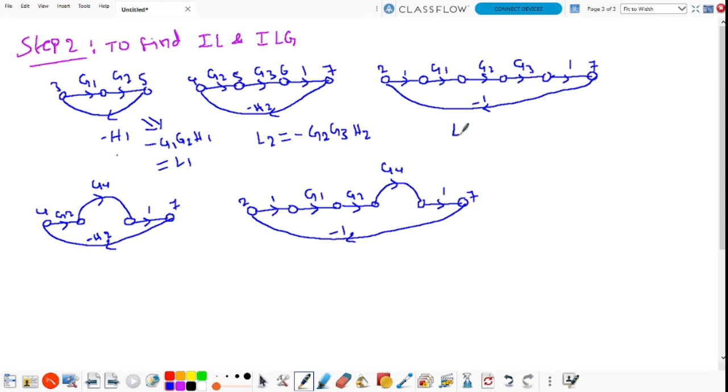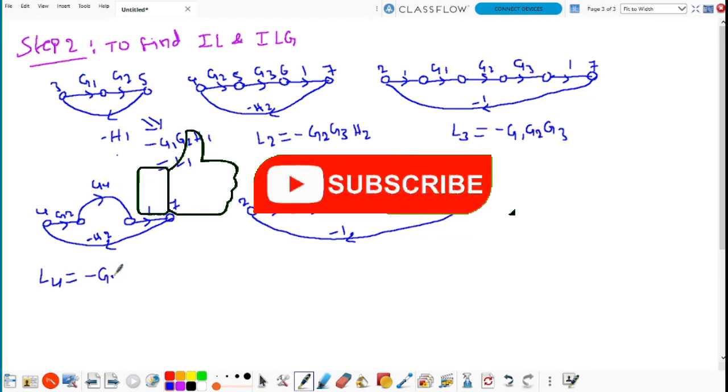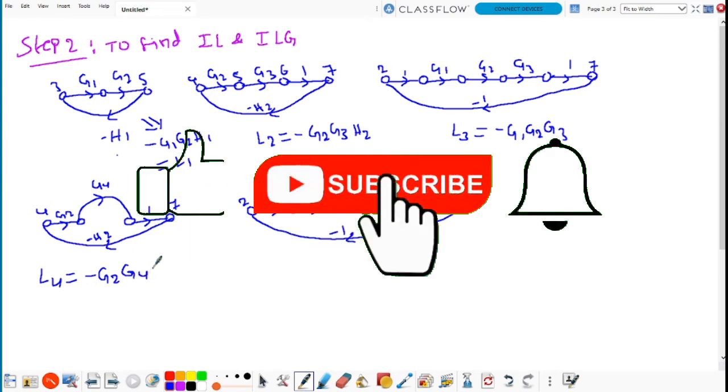The third individual loop gain L3 is 1 into G1 into G2 into G3 into 1 into minus 1, so minus G1 G2 G3. The fourth individual loop gain L4 is G2 into G4 into 1 into minus H2, so minus G2 G4 H2.